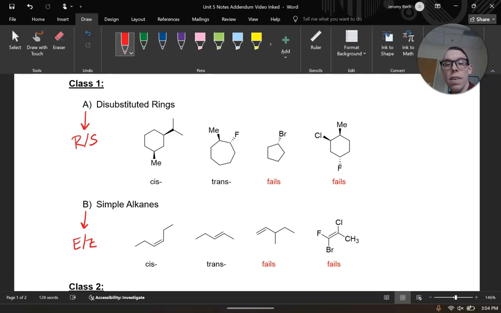And in the case where you have 3 or 4 multiple substituents, you don't know which ones are cis and which ones are trans, so you cannot use any descriptions there. So the cis and trans is a very narrow description that you'll see every once in a while for rings or double bonds that are on the simpler side. You can always use R and S, and you can always use E and Z, and those will always be right.